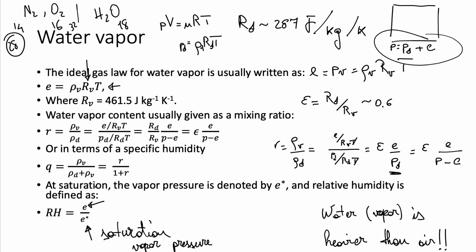Relative humidity is defined in terms of the pressure and the partial pressure of the gas. This is almost equal to our mixing ratio over the saturation mixing ratio, but it's not exactly equal. Okay, so just keep this in mind. Whenever you have to compute relative humidity, it's partial pressures, not mixing ratios.